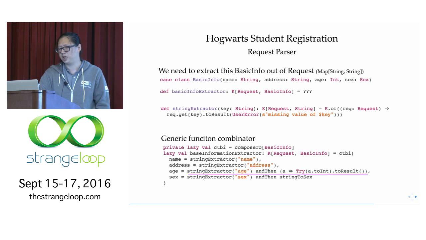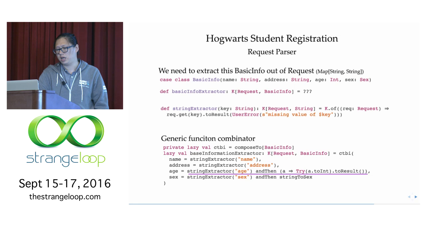And then combine them together using andThen, and we got another K of request to integer. And then we can say age equals to that. And then the last thing is similar to age, which is just to get the sex.